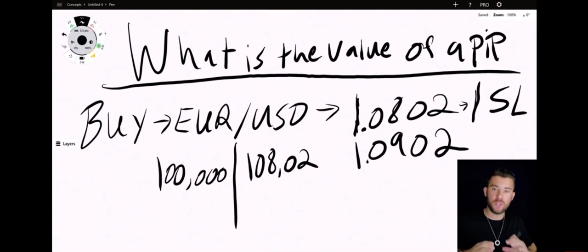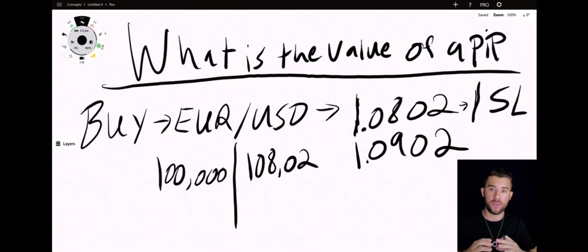Your broker gives you that 100,000 euros. They get $108,002 from your account. Then you are holding that 100,000 euros, waiting on the market to either rise or fall, waiting on the euro dollar to either rise or fall.